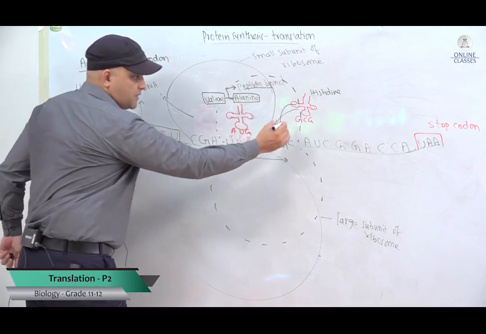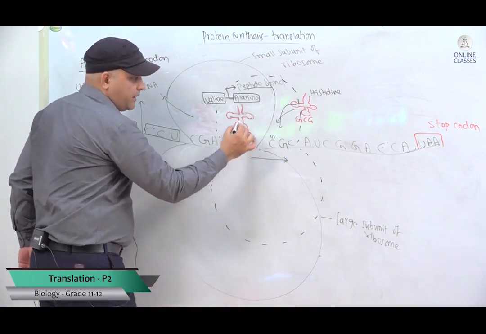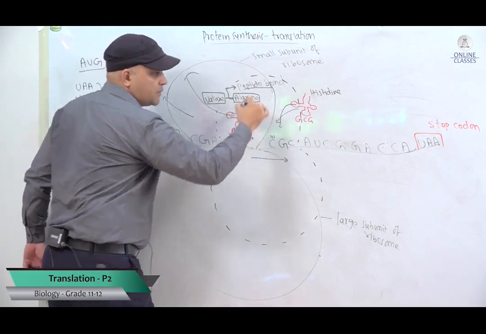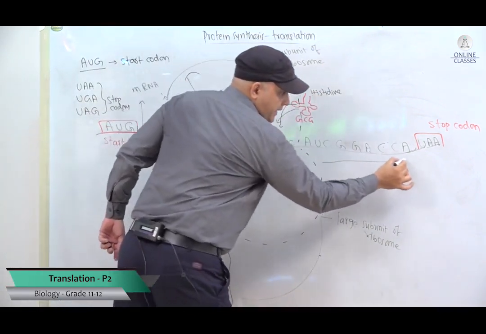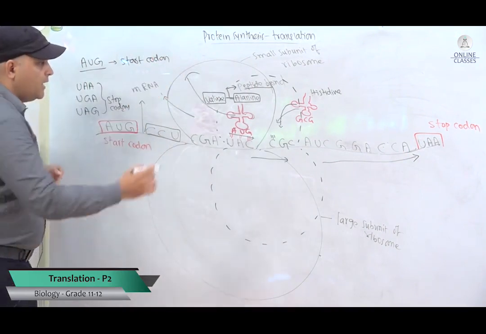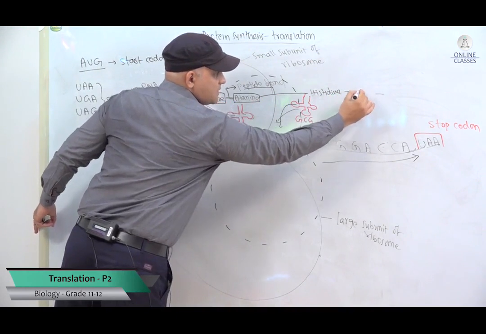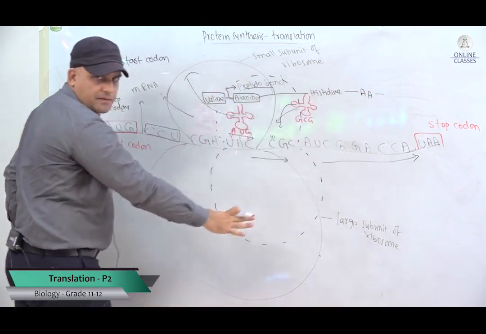So they form bonds here again, but remember these are temporary bonds which can be broken again. Again this tRNA leaves, the ribosome moves until the end of the mRNA is reached and the ribosomes dissociate, and you get this sequence of amino acids connected like this.